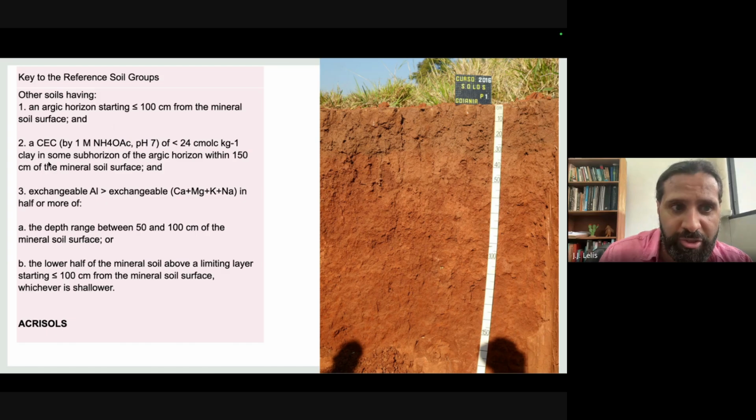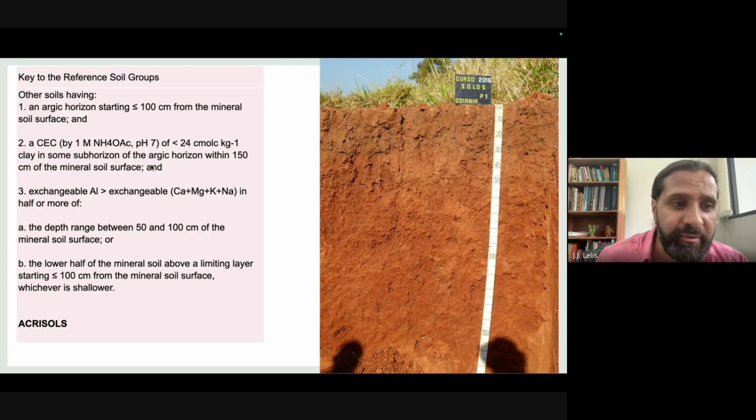So we must register, in this case, low activity clays in some subhorizon of the argic horizon in the first 100 centimeters below the soil surface. So we must register an argic horizon and low activity clays, especially kaolinite, iron oxides, aluminum oxides.